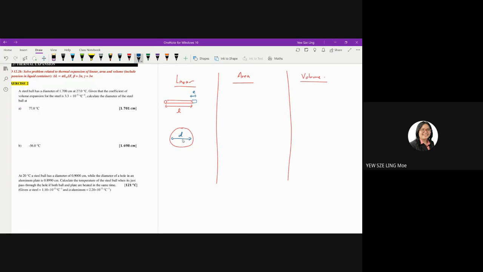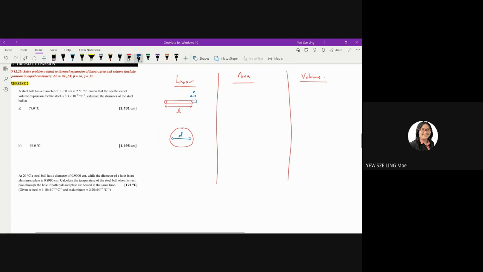It means you are just looking at one straight line, so you see how much it expands. In that case, we can say it's a type of linear expansion as well. Even though the whole area of the circle increased, if you're just looking at its diameter, it can be treated as linear expansion.